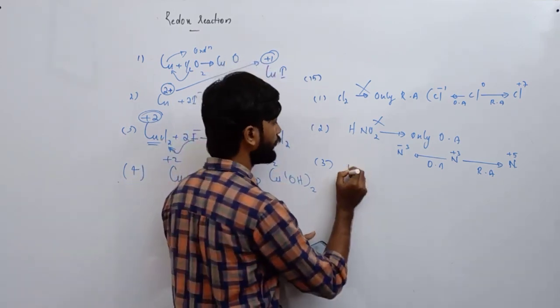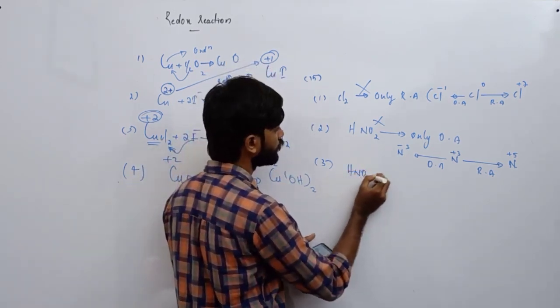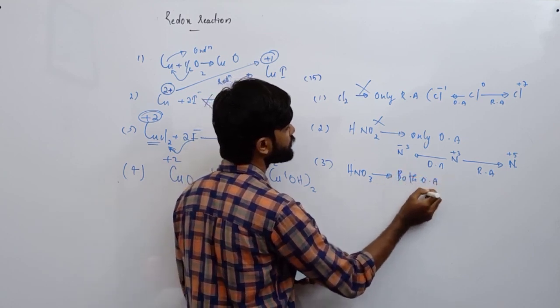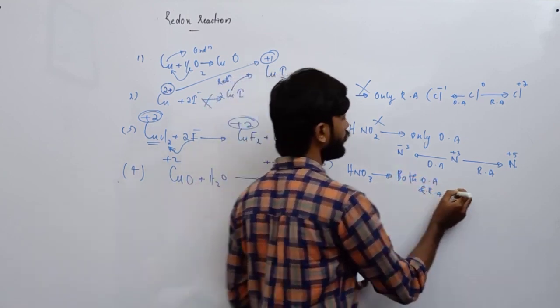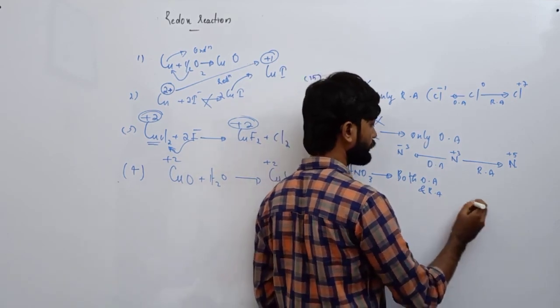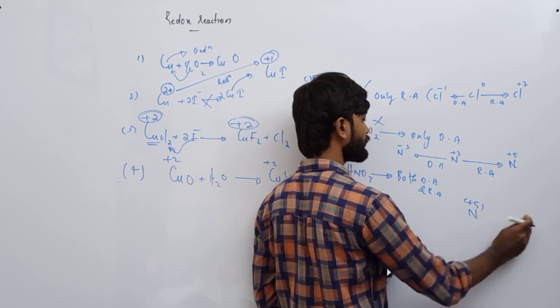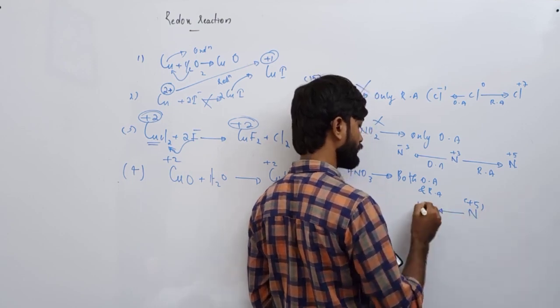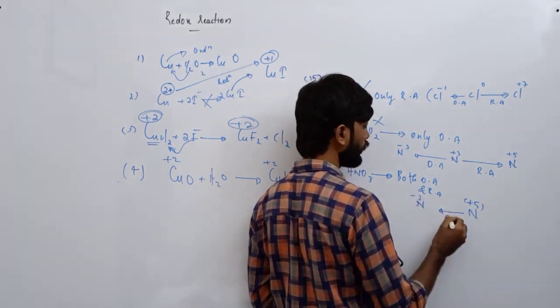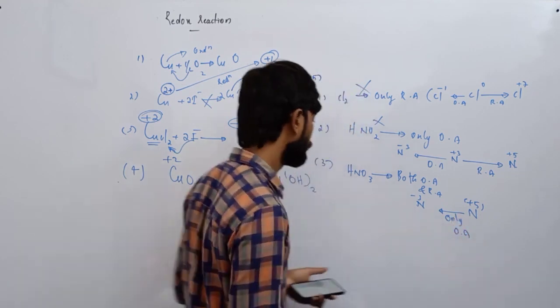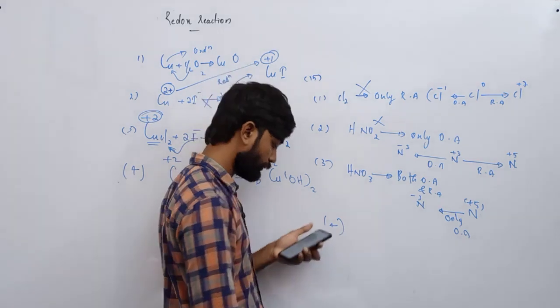Third one, HNO3, both oxidizing agent and reducing agent. It is also false because nitrogen is in +5 in HNO3, so it never extends its oxidation state higher. It can extend it down to -3, so it only acts as an oxidizing agent. What about the next?